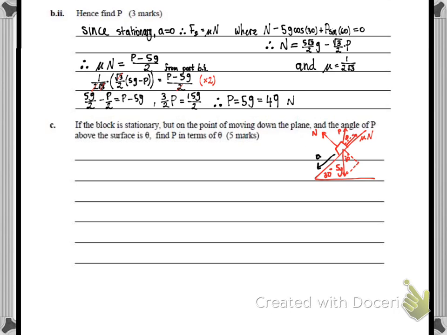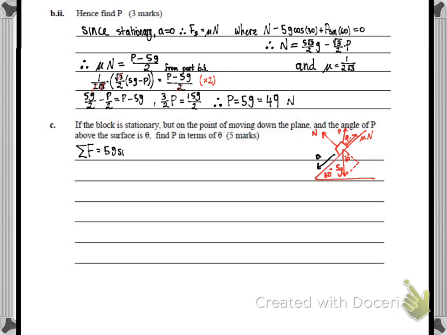And then that means the friction force is going up the plane now, opposing its motion. We've got P force going up the plane at some angle, theta, normal reaction force, weight force going down, and so on. Okay, so our job is to now identify what is the P force needed to keep the thing at equilibrium, stationary, and we're going to express P in terms of unknown theta.